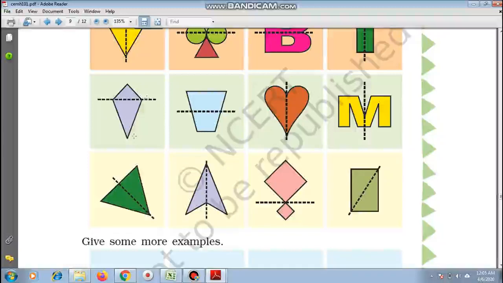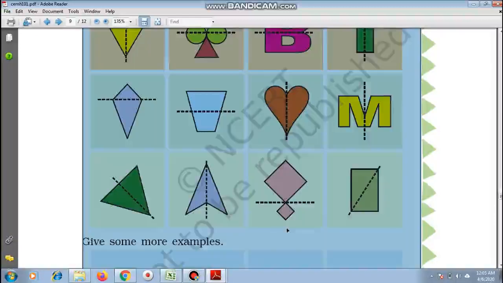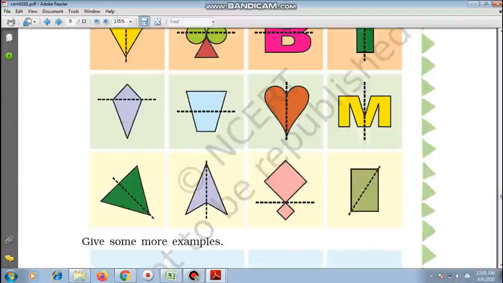This shape is wrong. Here also it is wrong. What about heart? This is correct. What about this one? It is also correct. This is also correct. This is also correct. This is absolutely wrong. Mirror half or line of symmetry will be drawn like this. What about this one? No.